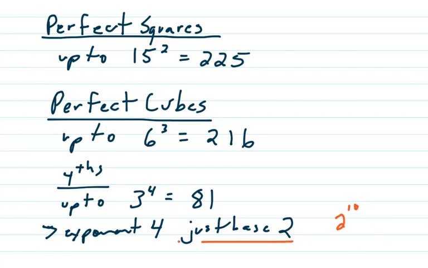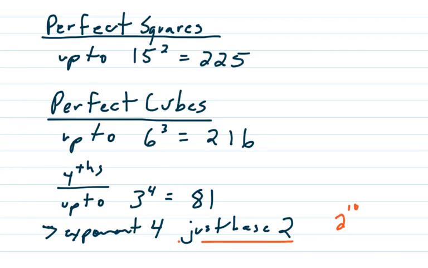That's what I think you should know. You should know what 2 to the 6 is, 2 to the 7, 2 to the 8, 2 to the 9, and 2 to the 10. After that, who cares? But up to 2 to the 10, you just keep multiplying by 2. You keep doubling a number. It's pretty simple to do in your head. Okay, so that's my expectation. So let's get going here, and you can press pause and finish writing this stuff down if you need.